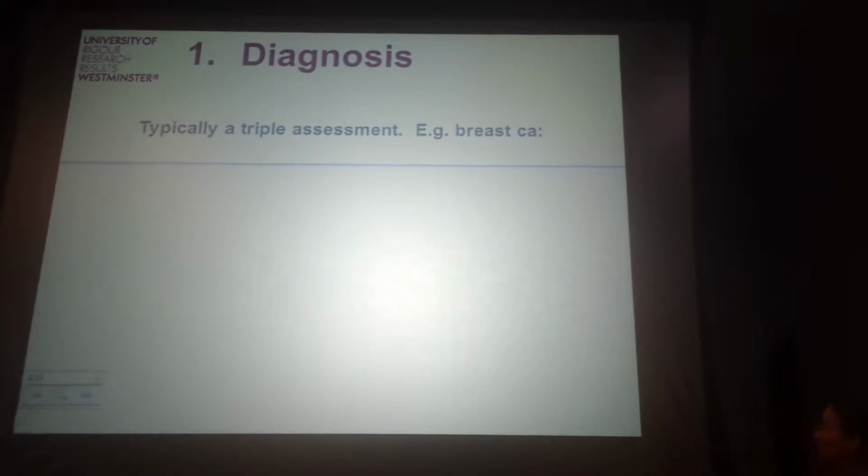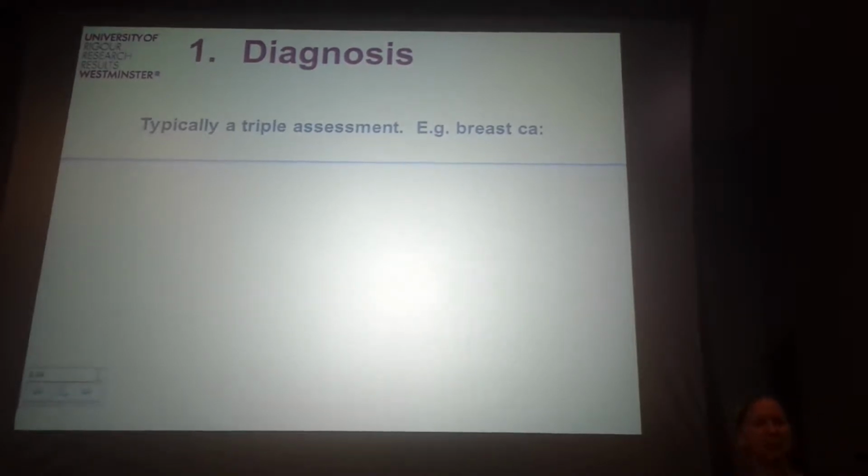So with breast cancer, as with many other types of cancer, you normally have a triple type of assessment. One type of assessment wouldn't tell you everything you need to know in order to diagnose a cancer.